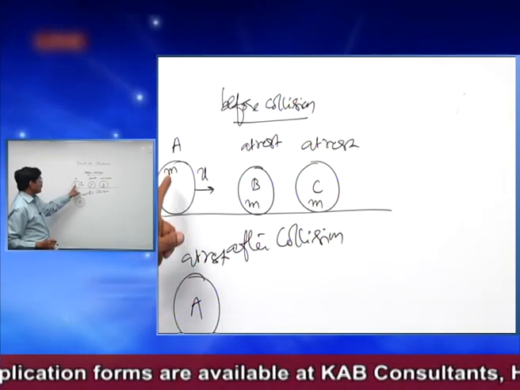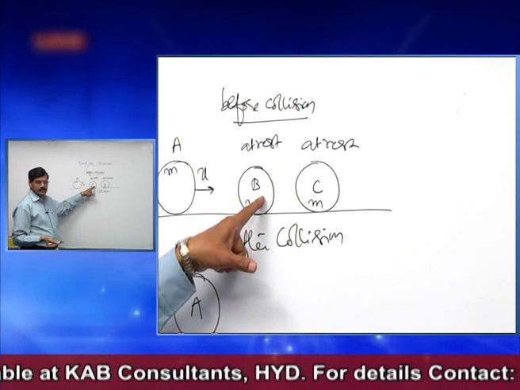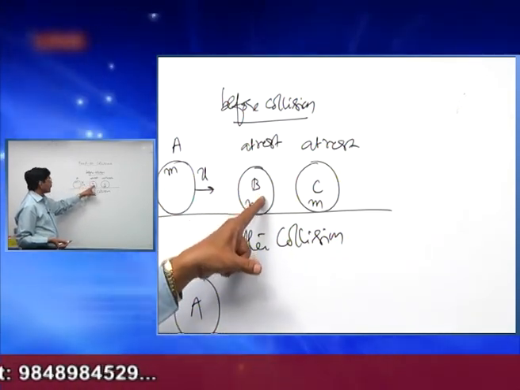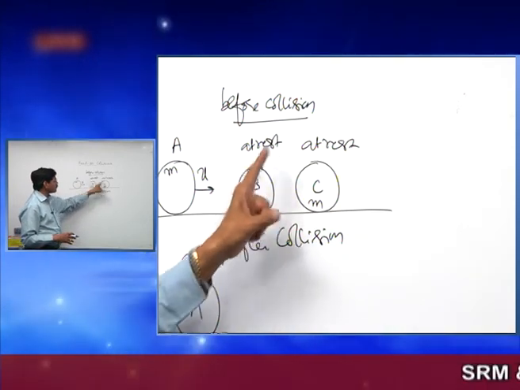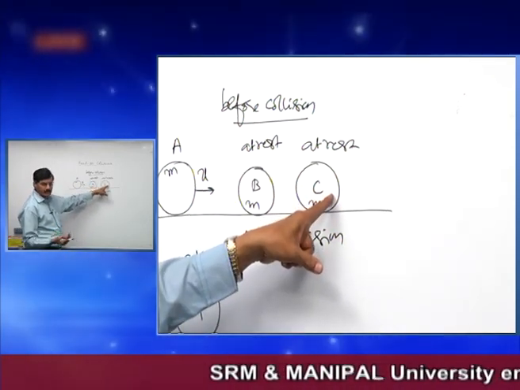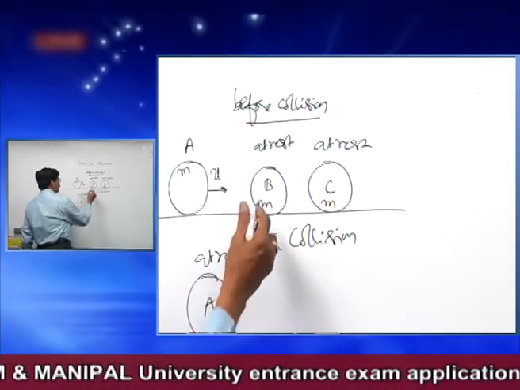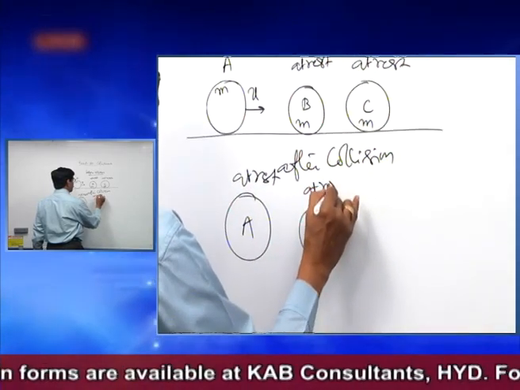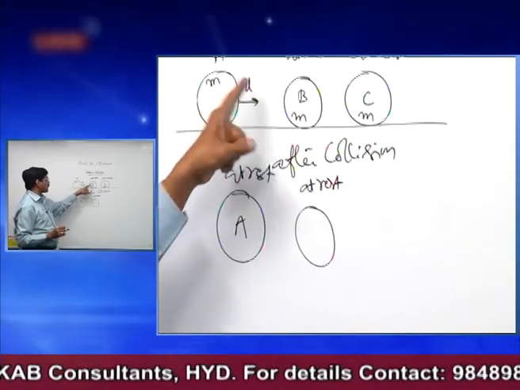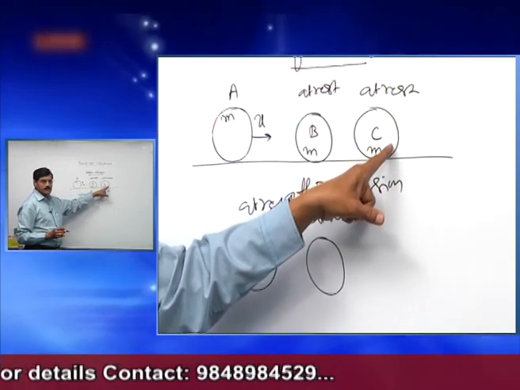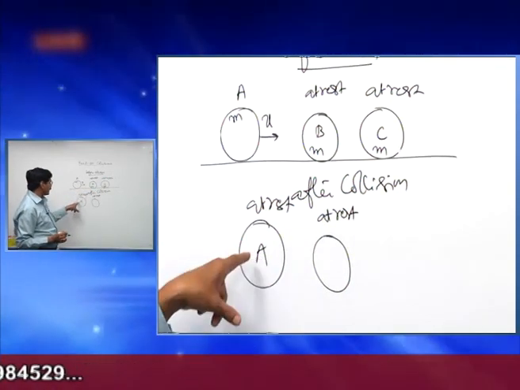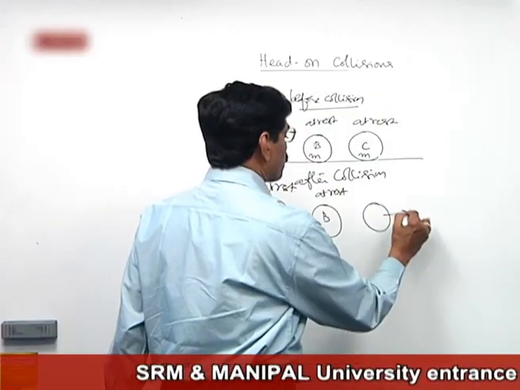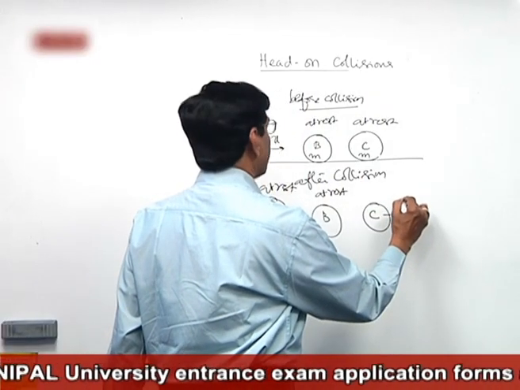Then what happens? First, it transfers its velocity; in the A and B collision, B gets the velocity of A. Then B moves towards C and makes a collision. Finally, after the final collision, B comes to rest. Means first B takes the velocity u, then transfers its velocity to C. Finally, A is at rest, B is at rest, and C will be moving towards right with a velocity u.